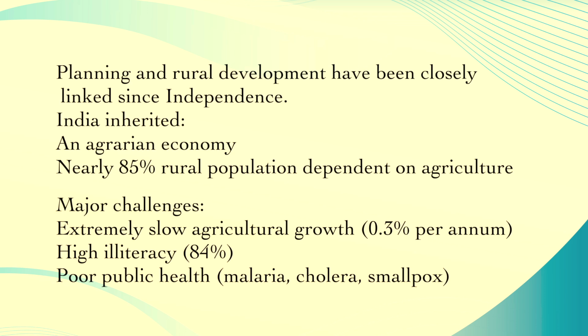During the first half of the 20th century, agricultural growth was extremely slow, averaging only about 0.3% per annum. At the same time, illiteracy rates were also alarmingly high at 84%, and public health services were grossly inadequate to combat widespread epidemics such as malaria, cholera, and smallpox.